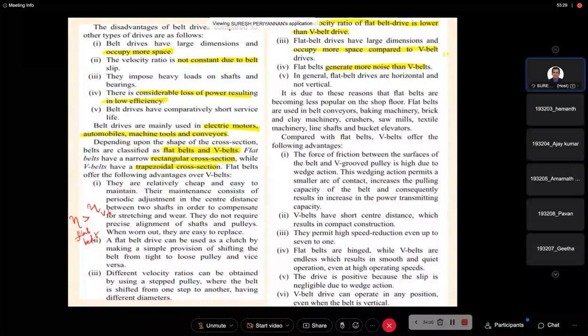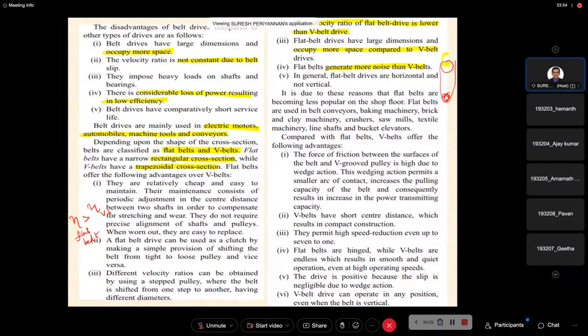Suppose the driven pulley and driving pulley are oriented in a vertical direction. In this case it is very difficult to use a flat belt for power transmission from driving pulley to driven pulley. It may fall down.